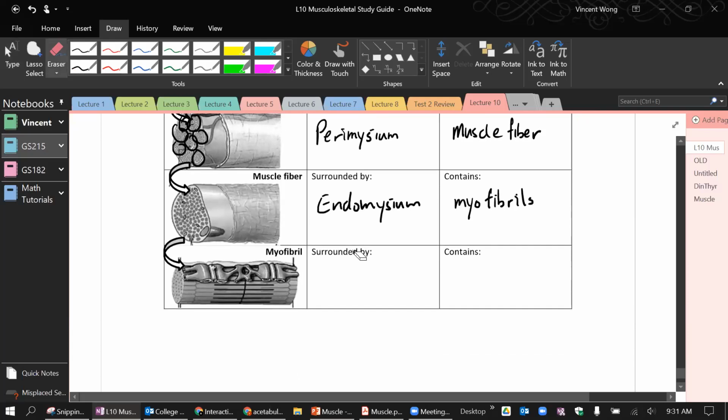And the myofibrils are surrounded by sarcoplasmic reticulum, which contains the sarcomere.